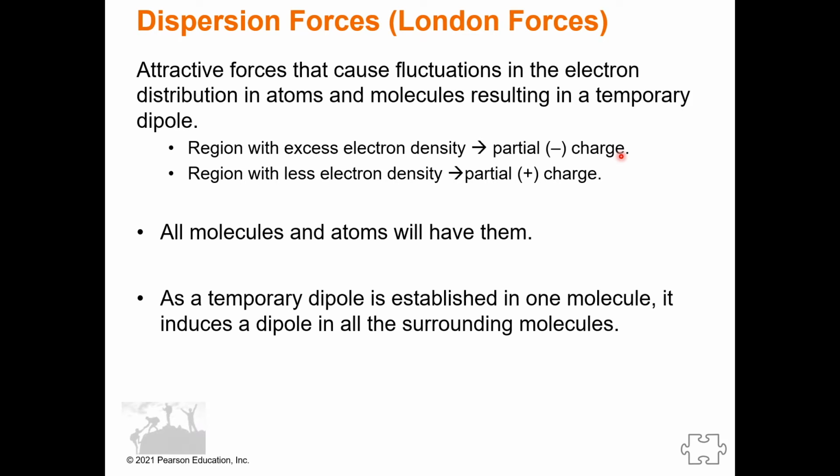Now what's going to happen to the other side of that molecule? Well, it'll have a partial positive charge. So now we would have a temporary dipole moment. Just for a certain instance, we have a negative end and a positive end. Now when this happens to one molecule and there's a neighboring molecule close by, that neighboring molecule will have an induced dipole. One end will also become negative, forcing the other end to be positive.